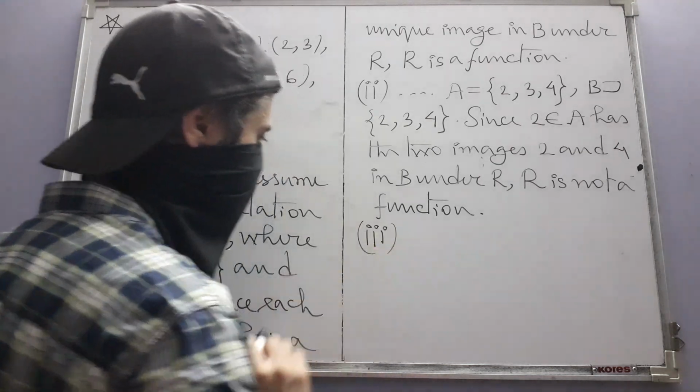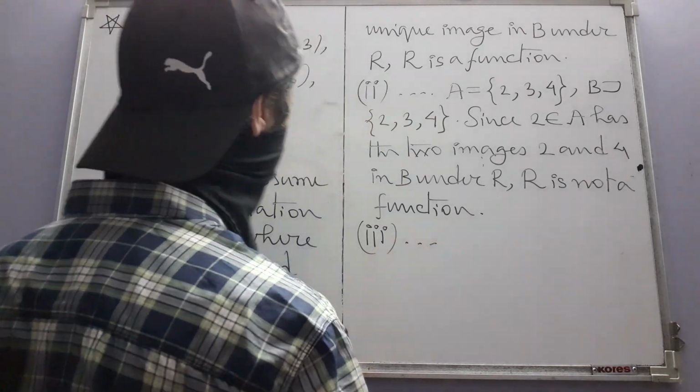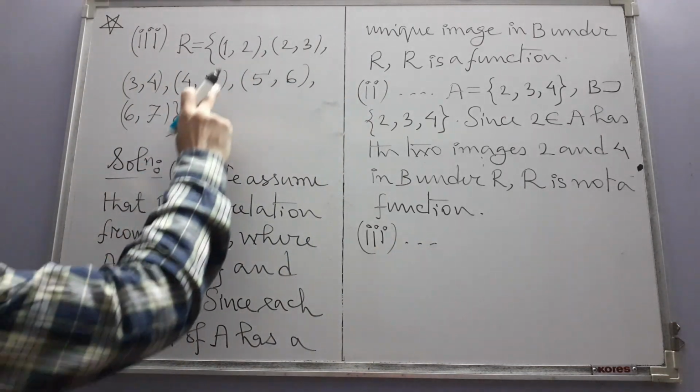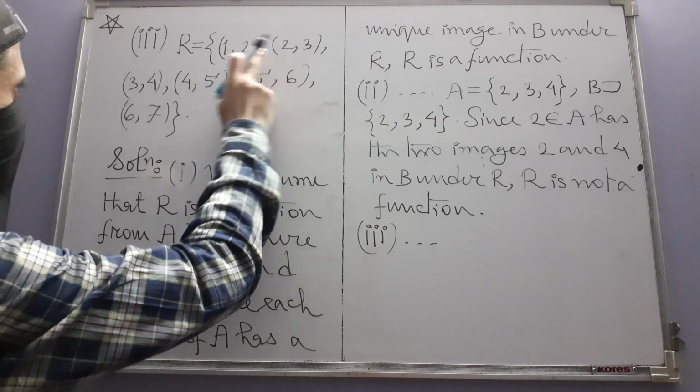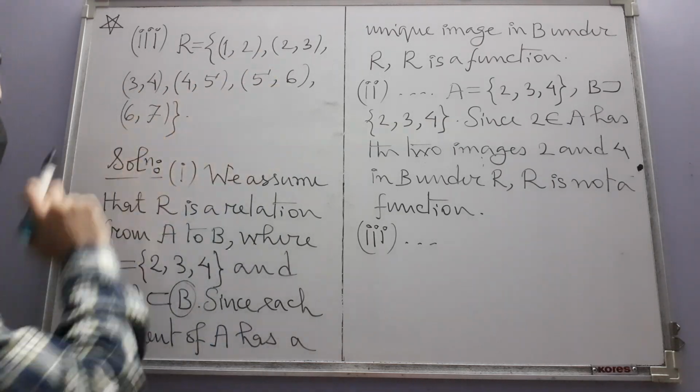And finally, we come to number 3, which also has to be started like that. In this case, A will consist of the first components 1, 2, 3, 4, 5 and 6.